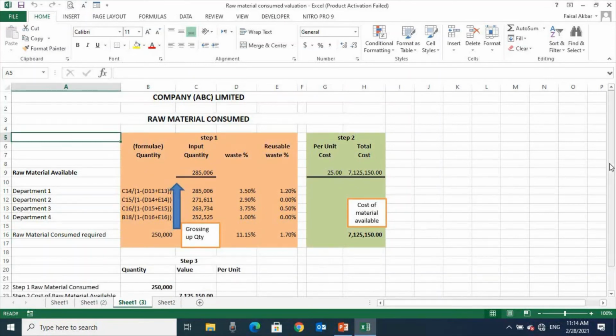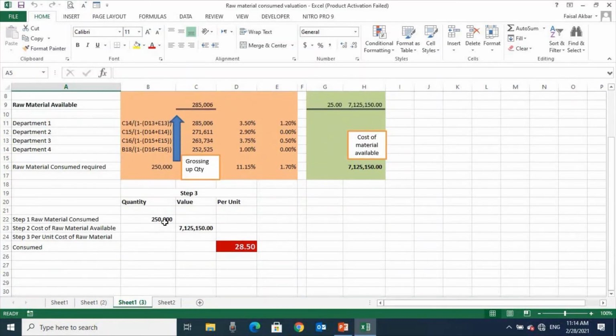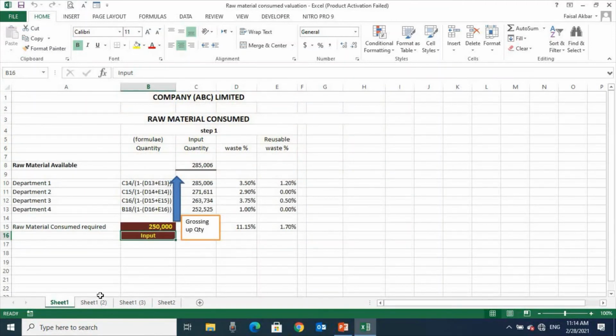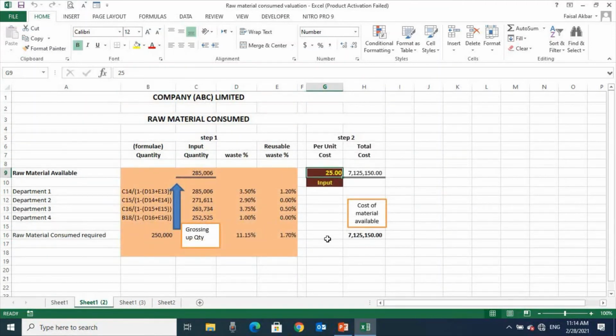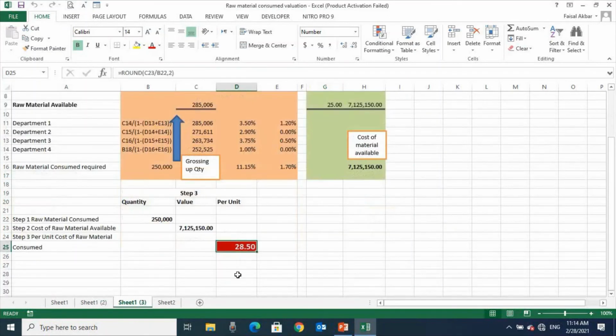Now we will calculate the cost per unit. 250,000 is total raw material consumed. 7.1 million is the cost of raw material available as input. Our per unit raw material consumed comes to be 28.50, which was 25 rupees before adding up the wastages impact. So this is our per unit cost.